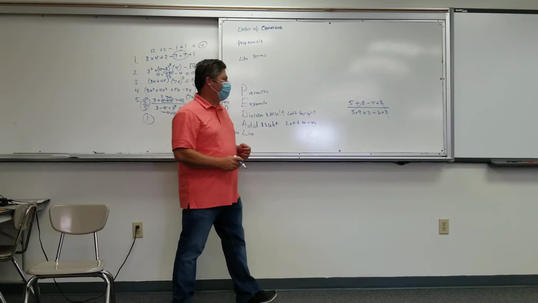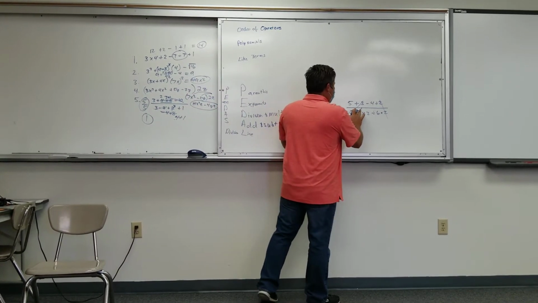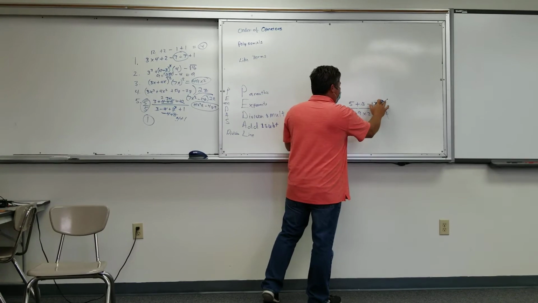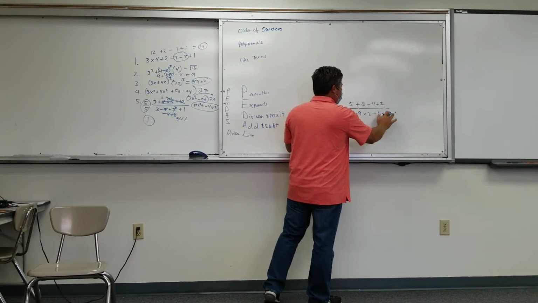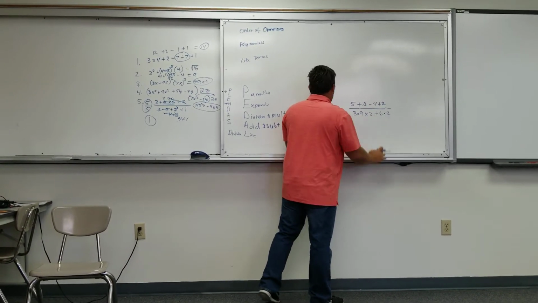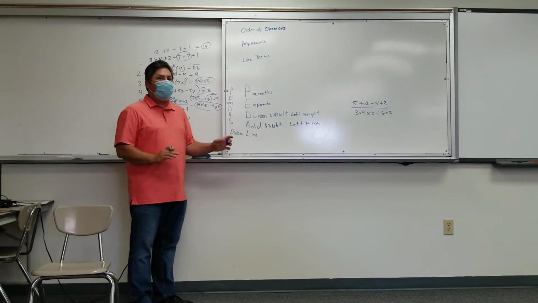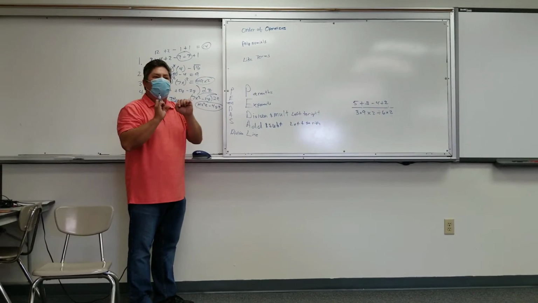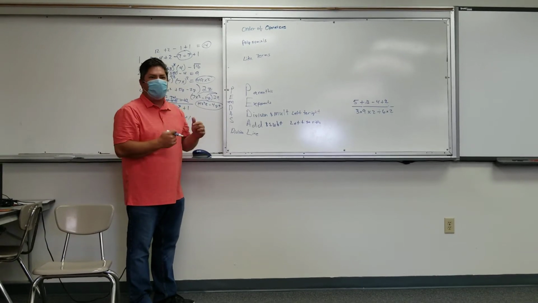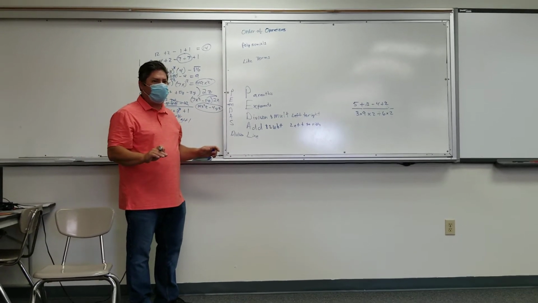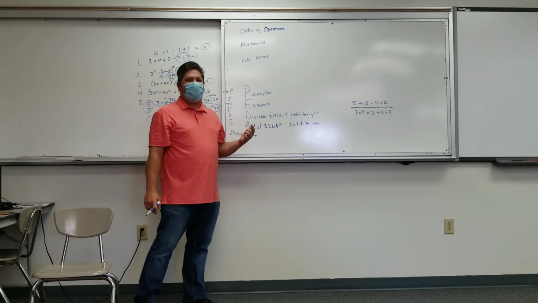No, don't be doing that. You can't be doing that. What's the very last thing you should do? What does it say? The division line. Do that last. Do everything on top and everything on bottom, and then you can try and reduce. But don't try and reduce right off the bat. That's where I have kids mess up, okay?